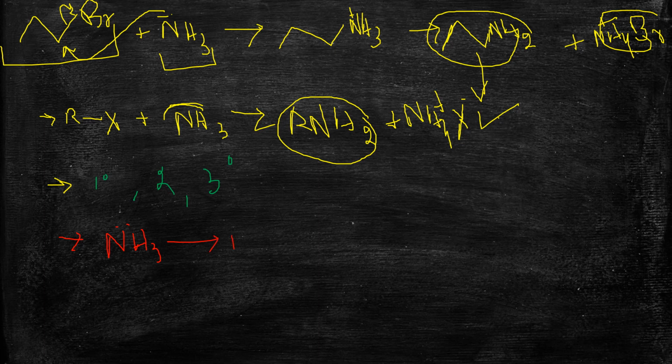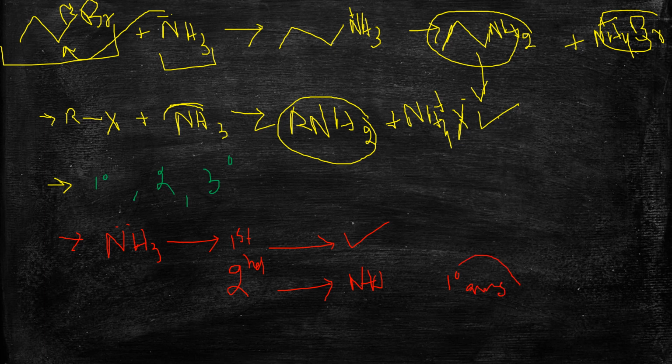The first is it keeps the reaction going on in the forward direction, right? And the second is it prevents multiple alkylations of ammonia. That is, it supports the formation of primary amines only.